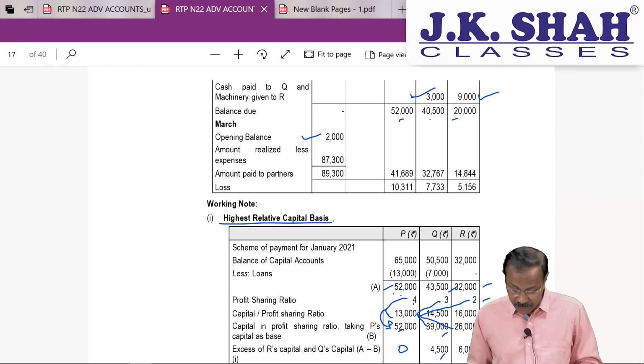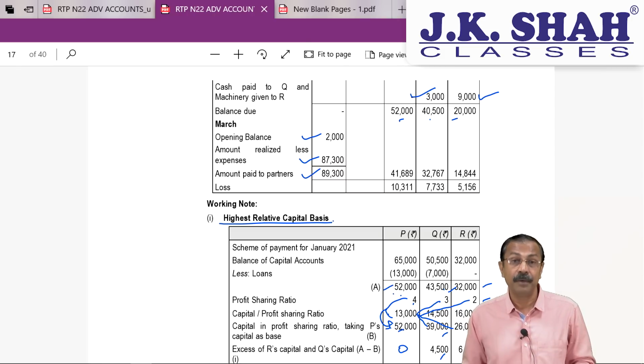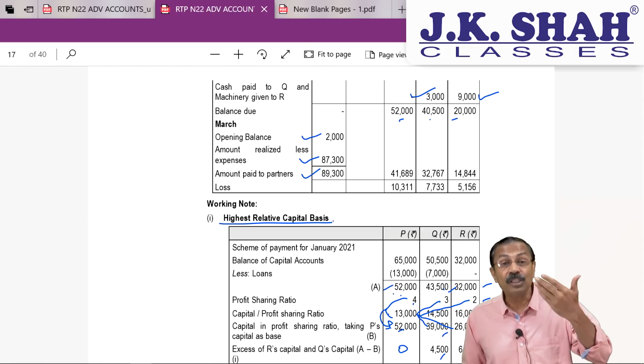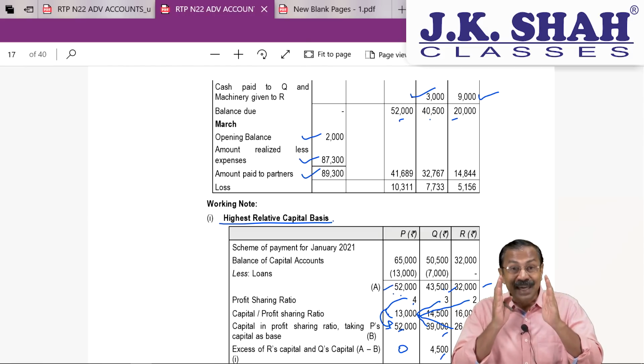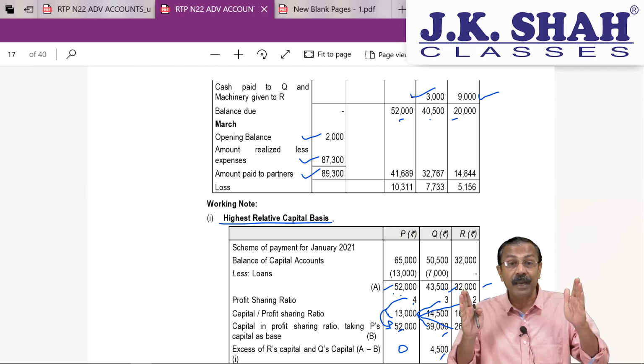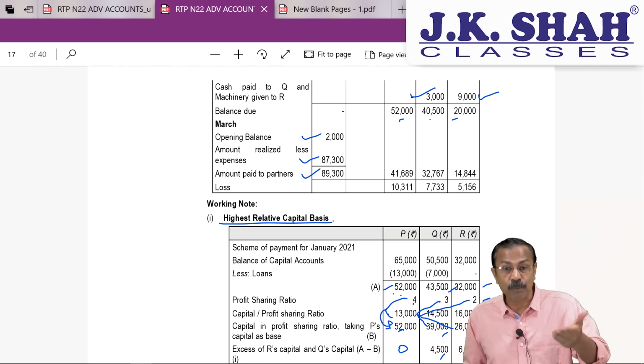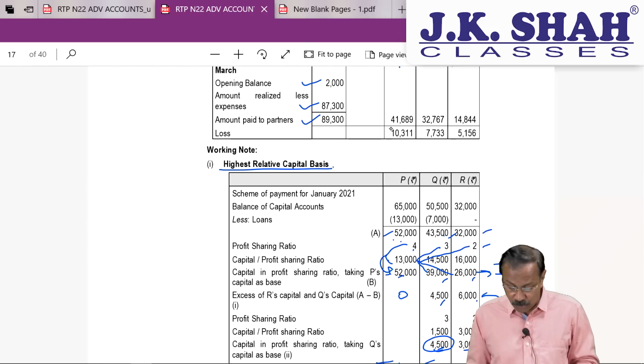So how much do we have? 87,300 now. So total cash available is 89,300, remember. And this is the last month. Nothing is to be carried forward. So now this 89,300 has to be divided between the partners. Whom, how much are we supposed to pay? That is what you are supposed to now calculate, remember.